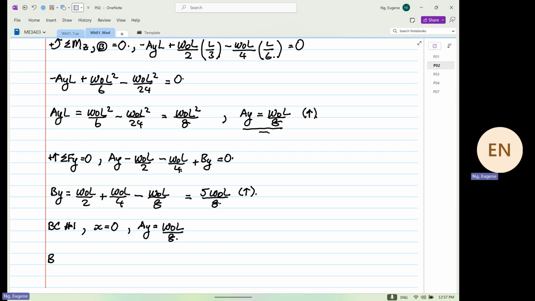Now, boundary condition number 2, we have to be very careful. This is a reaction force when x is equal to L: BY is equal to 5 omega naught L over 8. So mathematically, we have just determined our boundary condition.